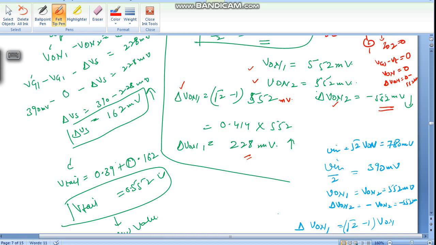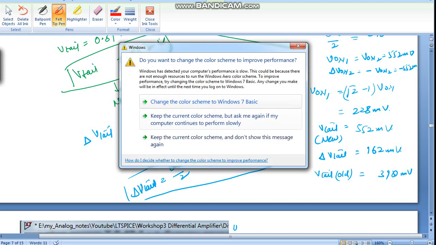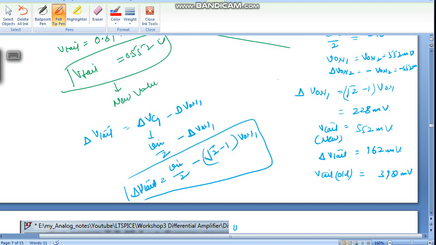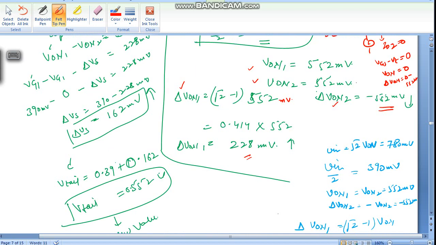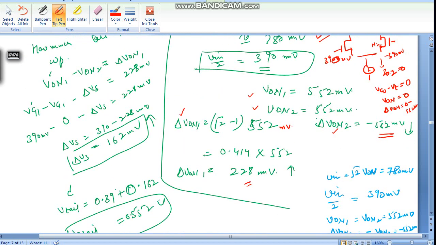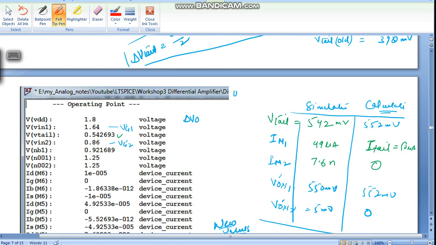It is delta Vg minus delta Von difference. Using this method, which we have already seen in videos, we find delta Vs is 162 millivolt.